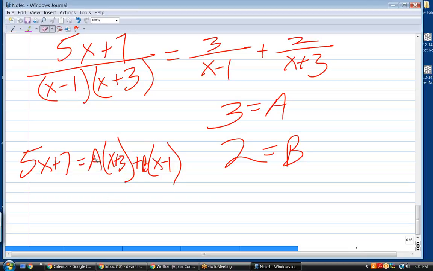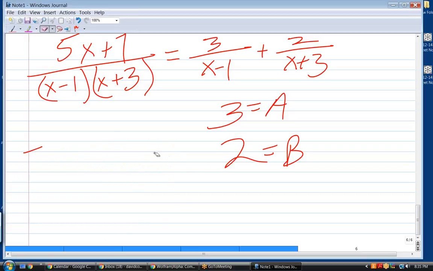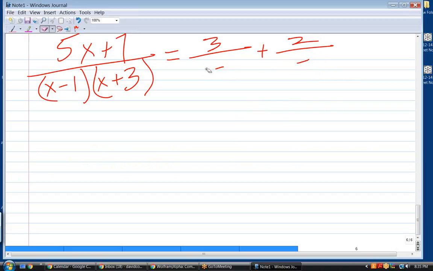By the two variables, I mean A and B. But yeah, those are fun, actually. Once you know how to do them, they're fun.